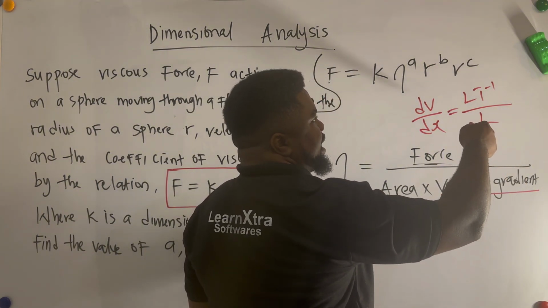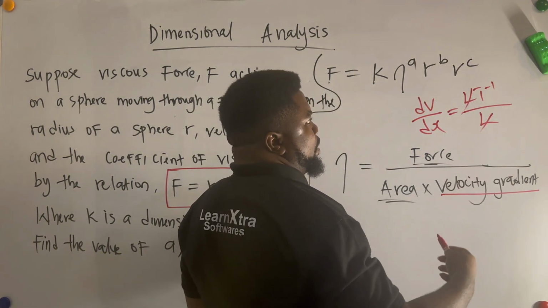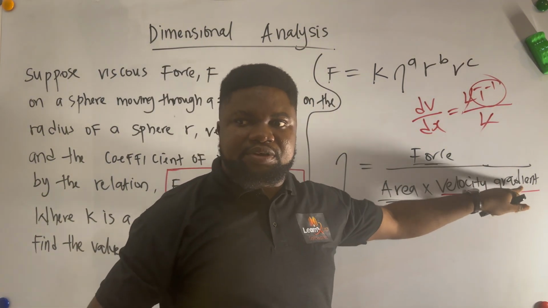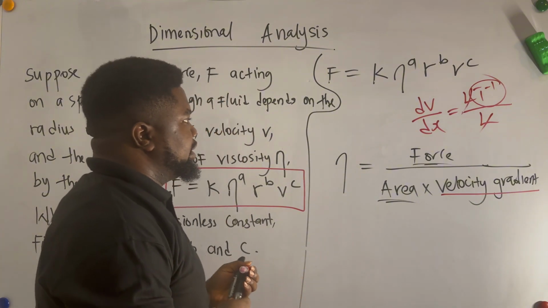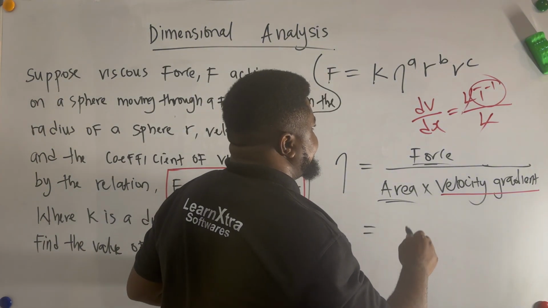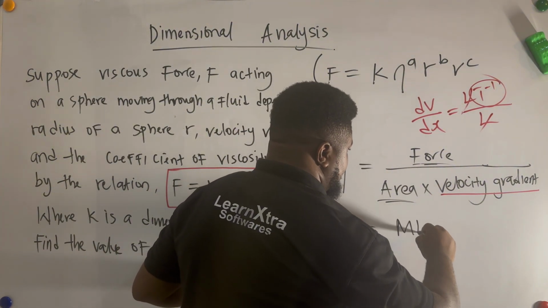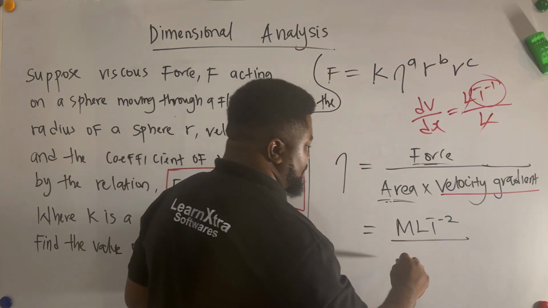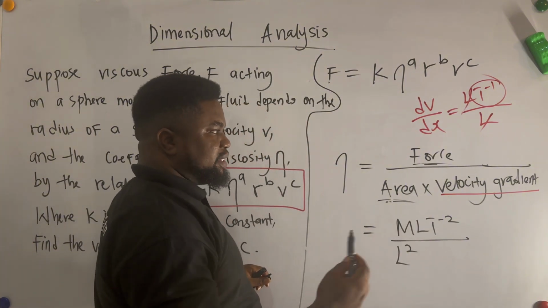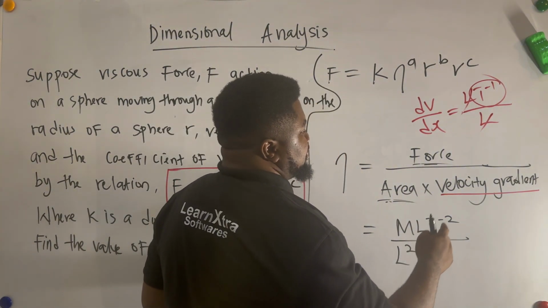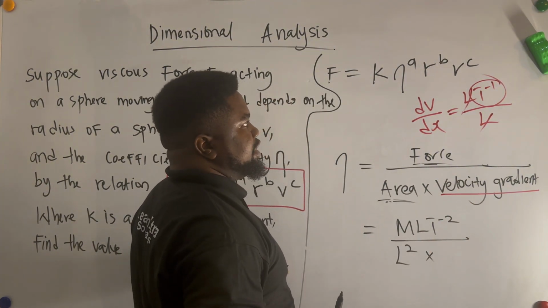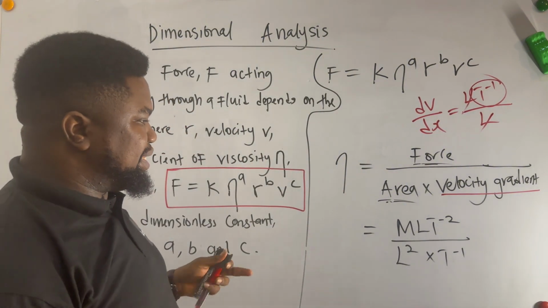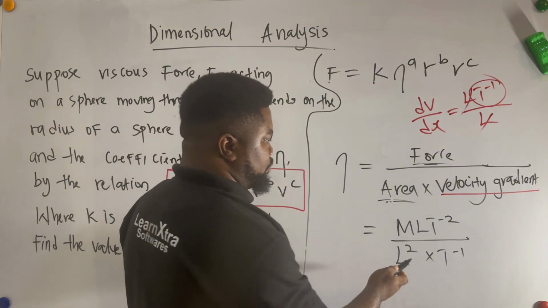So here this can take off this. I'll have T minus 1 as my velocity gradient. So that will be force, which is MLT minus 2, all over area, which is L power 2, yes, length times length, times this T power minus 1. So go ahead and combine them together by taking this one to come up.